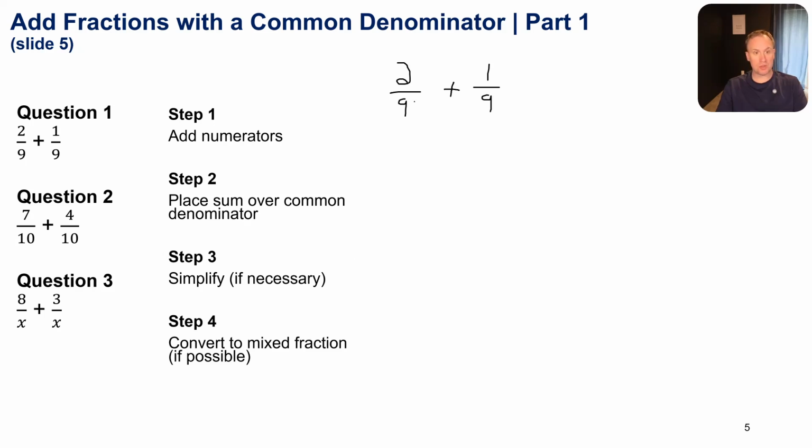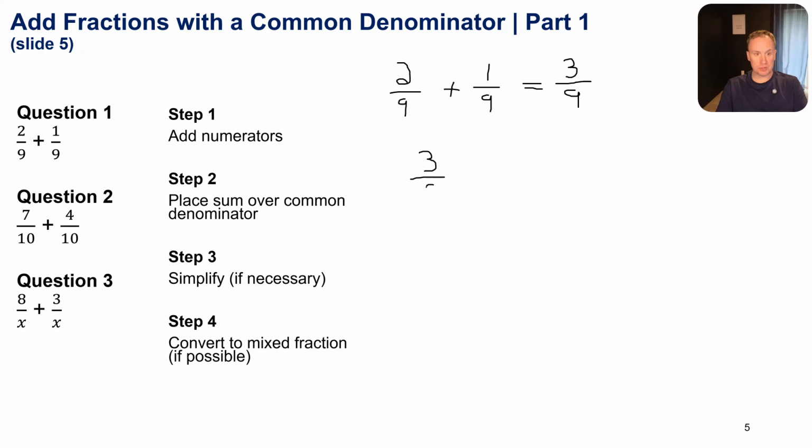So in this case, because we have a common denominator, we're not needing to change the denominators. All we need to do is add our 2 numerators. So 2 plus 1 is 3, and our denominator is then 9. So we placed our sum of 3 over a common denominator of 9.